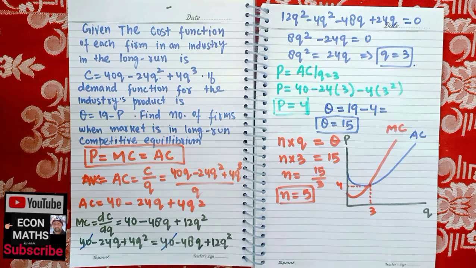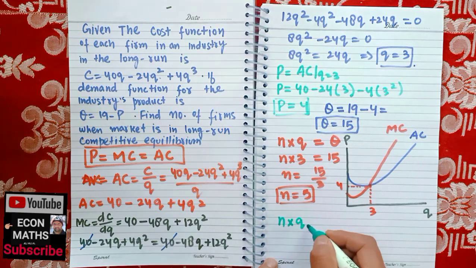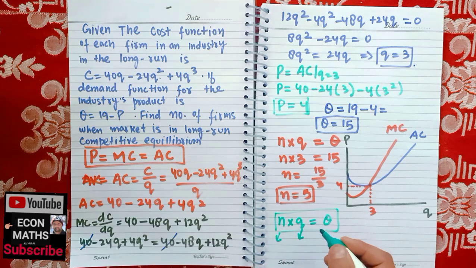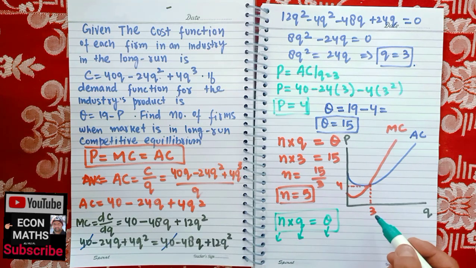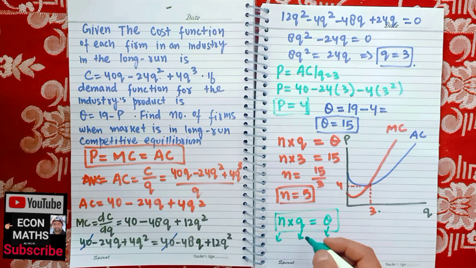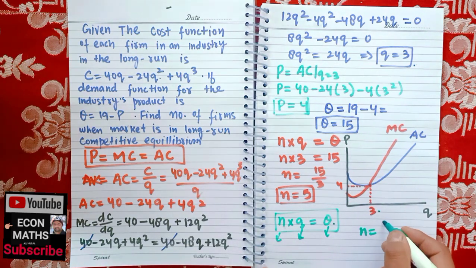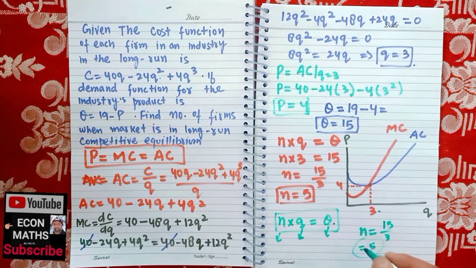When I say n × q = Q, n is the number of firms, q is the output produced by each firm, and capital Q is the total market output. Since each firm produces 3, n × 3 = 15, which gives n = 15/3 = 5. I hope I make myself clear. Thank you.